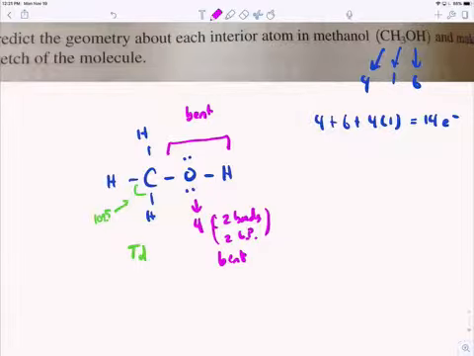And then this section here is going to be bent. And this is important because all bent molecules are polar. And so methanol, with the OH group here, this OH group is going to make this molecule polar, which we're going to talk about soon. But when you look at a molecule and it has different parts, you have to look at each piece individually. So to the carbon, it's tetrahedral because it's got 3 hydrogens and an oxygen all bonding.